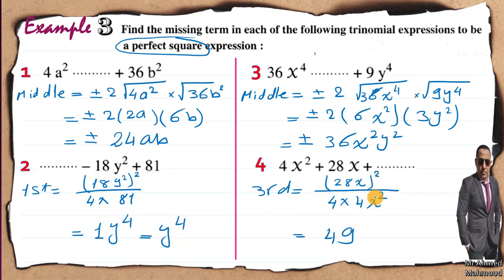And x to the power of 2 over x to the power of 2 cancelled. So finally it is 49.